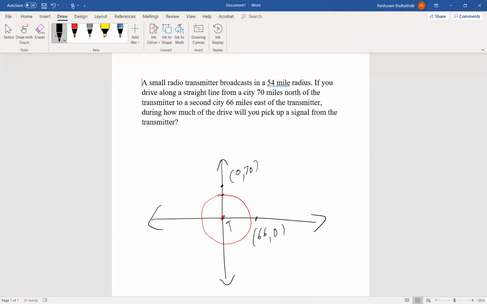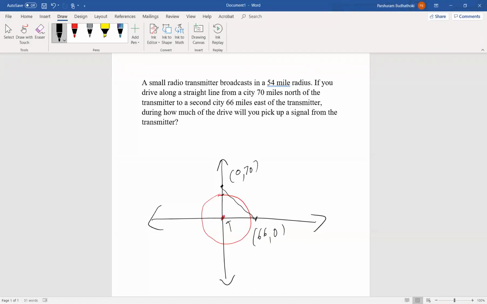So you want to drive from (0, 70) to (66, 0). If you just join these two points, that means you want to drive through this road. It should be a straight line. So now in this question you want to find out during how much of the drive.